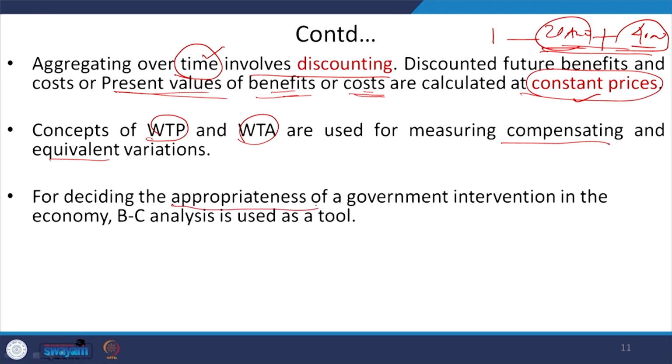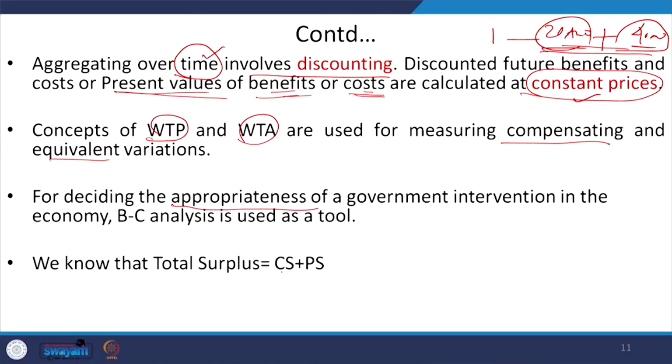For deciding the appropriateness of a particular government intervention in terms of a particular policy or program, benefit cost analysis is one of the best tools that can be taken into account, because it deals with almost all the factors that need to be considered. And when we say that in benefit cost analysis we need to maximize the net benefits, that is again in terms of the summation of consumer surplus and producer surplus.